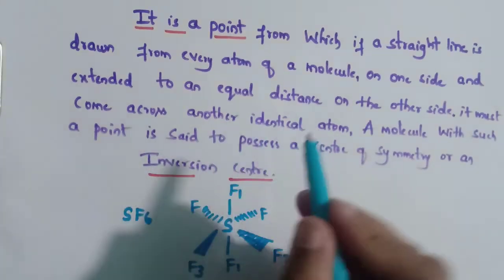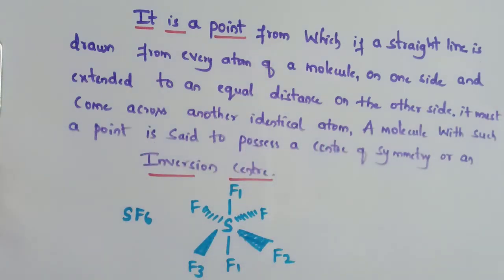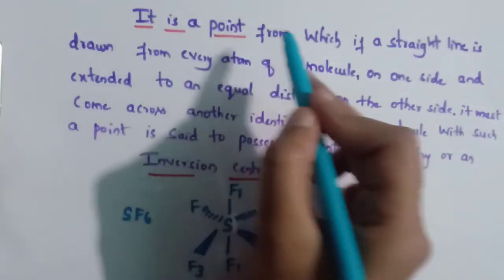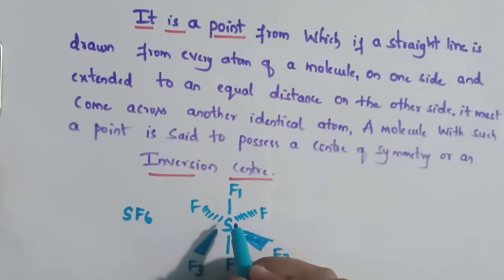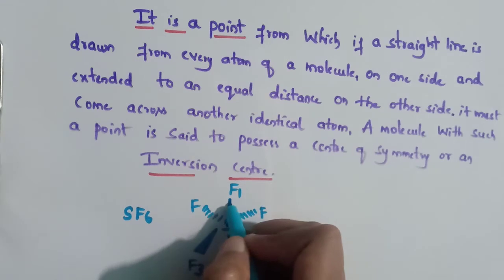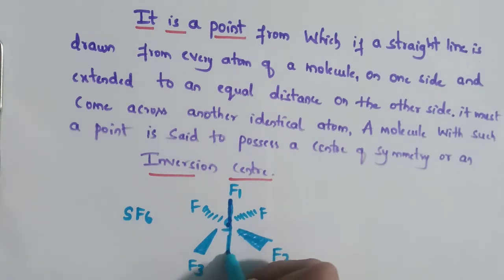It is a point from which, if a straight line is drawn from every atom of a molecule, let's consider S as that point here. From this point we should draw a straight line to an atom, and extended back like this, it should meet its twin.